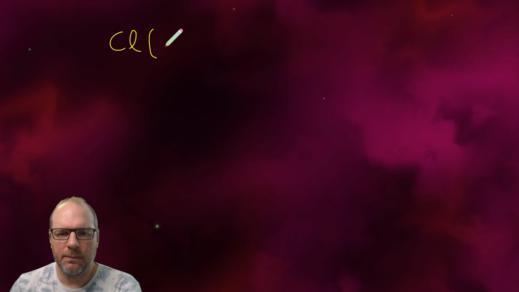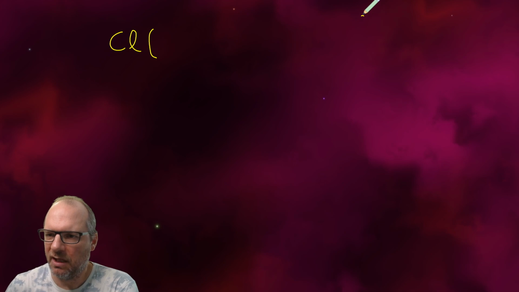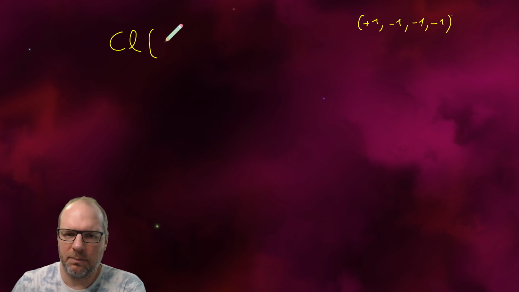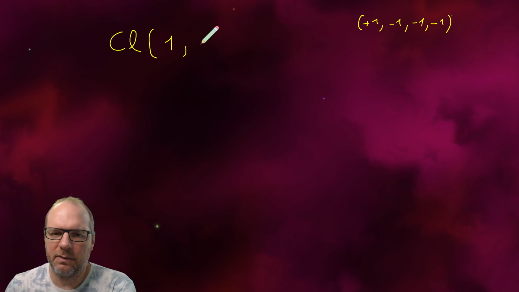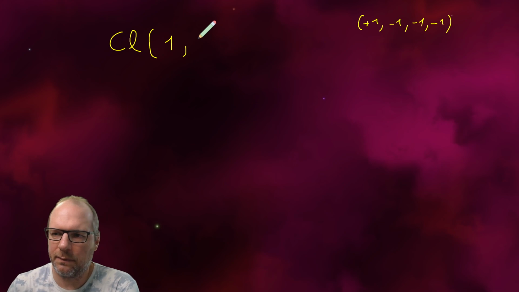Then you put the number of positive elements. For example, for space-time, we have +1, -1, -1, -1. So we put the number of +1 elements, and then we put the number of minus elements. Space-time algebra.